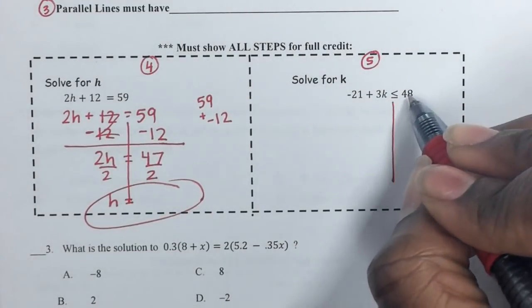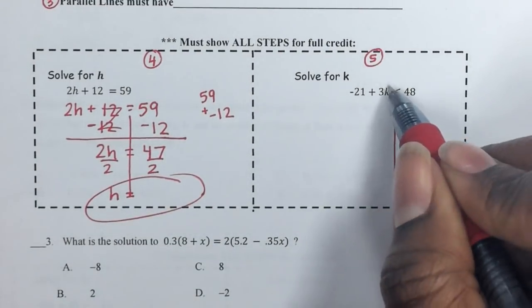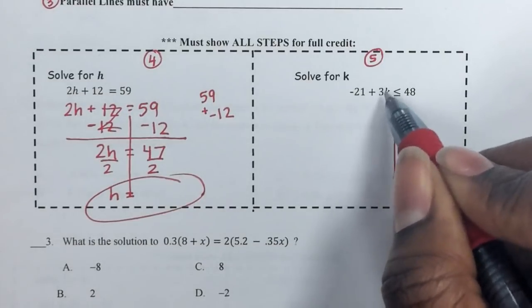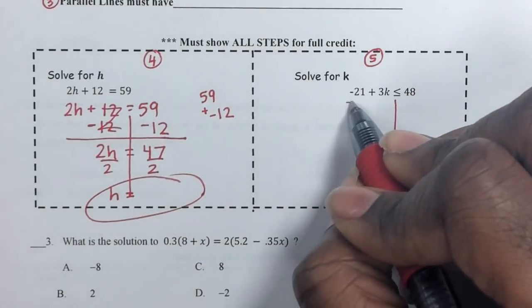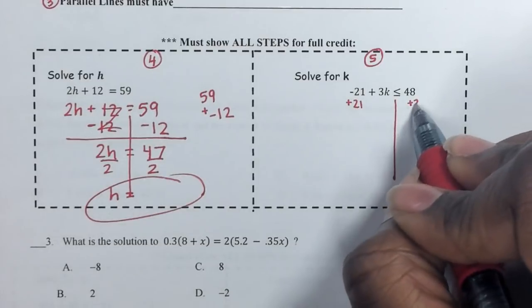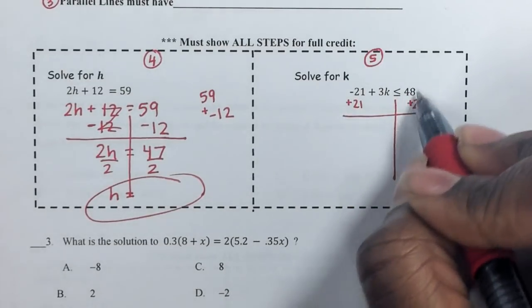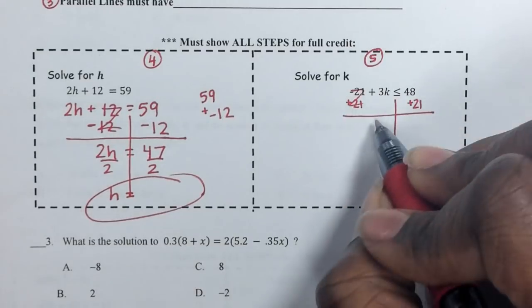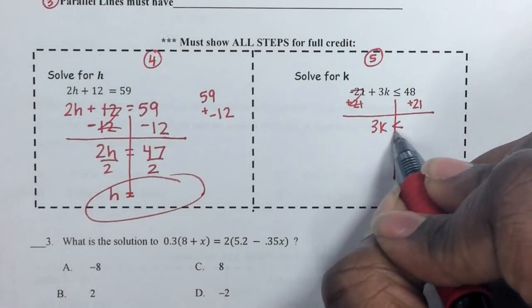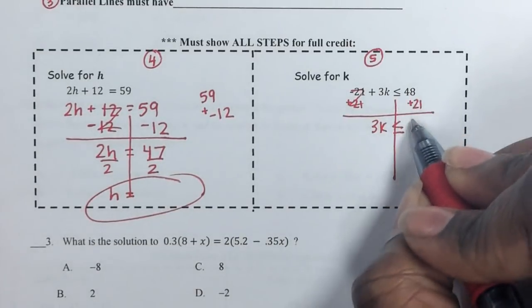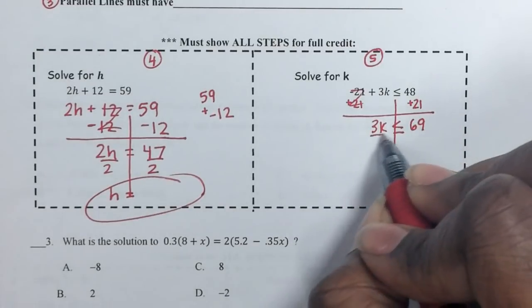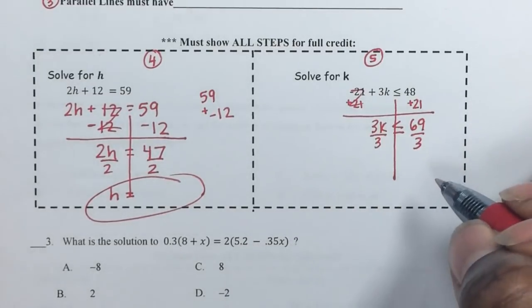Don't touch this one because that's the only thing that has a variable. We need to get rid of this 21 by adding 21 over here. Sorry, it should be lined up. The 21 should definitely be lined up because we can add those together. So that's 3k is less than or equal to 69. Divide by 3 on both sides.